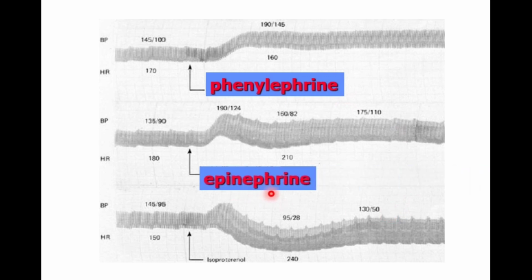Adrenaline is a mixed alpha and beta agonist. It increases systolic blood pressure more than diastolic blood pressure because it also activates beta-2 adrenoreceptors on blood vessels and causes some degree of vasodilatation.